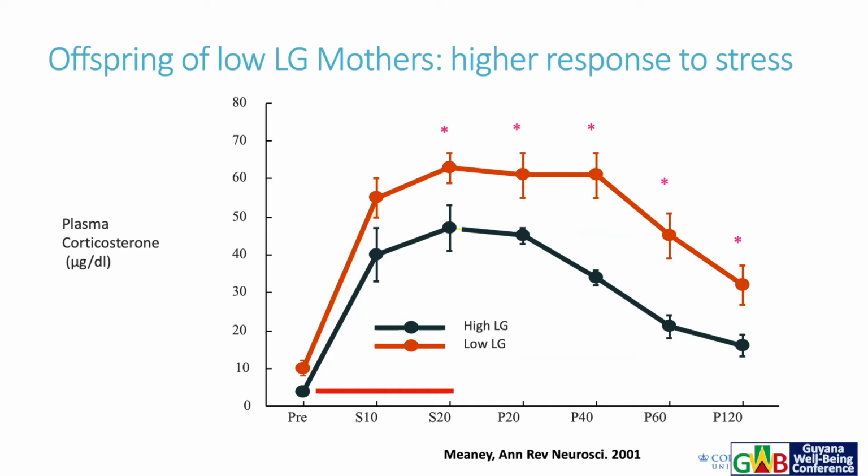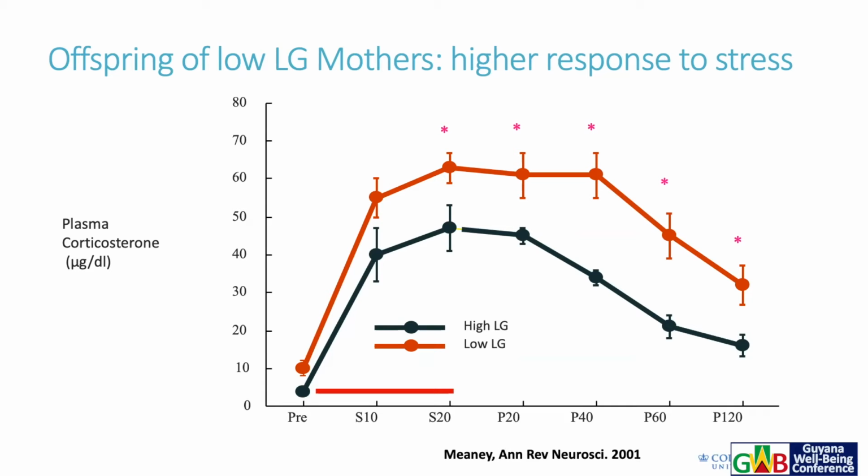So this is something that happens in the first few hours, days of life, but it's really a program that is happening. The brain gets wired differently. And for all their lives, these rats are more fearful. They tend to get stressed much more and much earlier. And this seems to be also due to higher corticosterone.